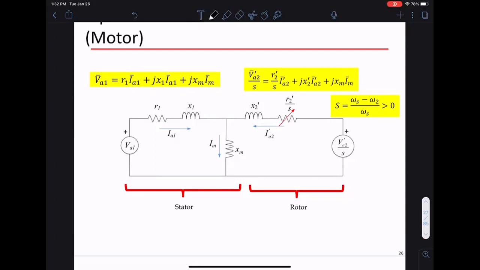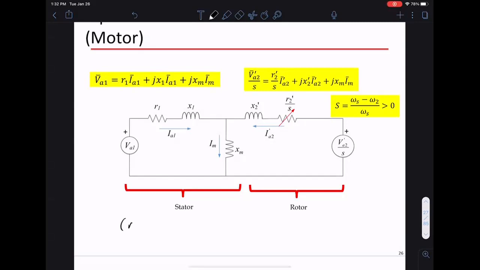This variable resistance shows up in two places: one is R2 prime over S, the second is the injected voltage VA2 prime over S.